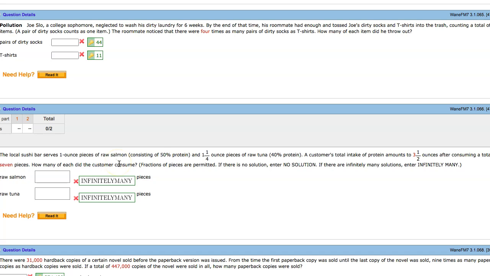I don't know if I like this problem. So 50% here, 32% here. Let's turn this into 1 ounce. The amount of tuna, x plus y, we know x plus y equals 3.5, so ounces plus ounces.